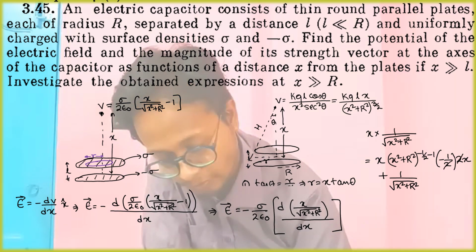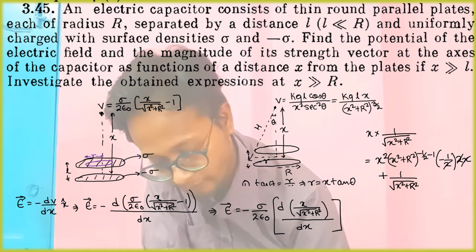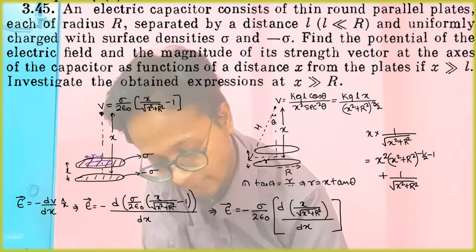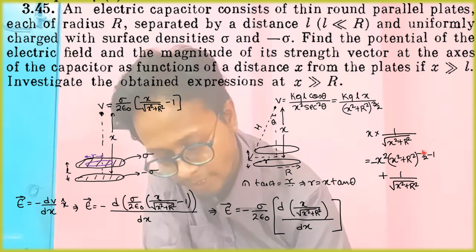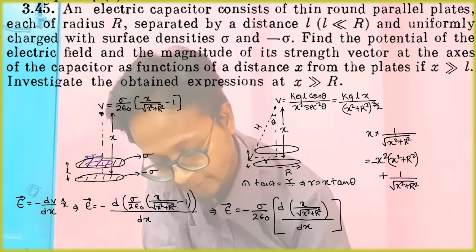This 2 will get cancelled, and x and x would become x square. I'll write this minus at the front. It was multiplied by minus, no? Minus 1 by 2 minus 1 is nothing but minus 3 by 2.